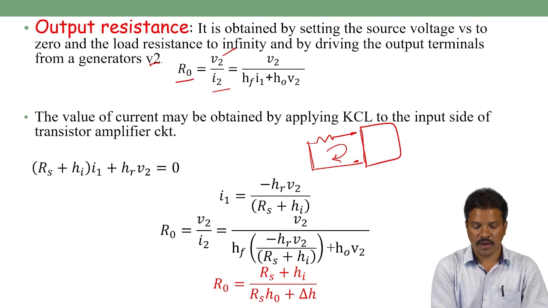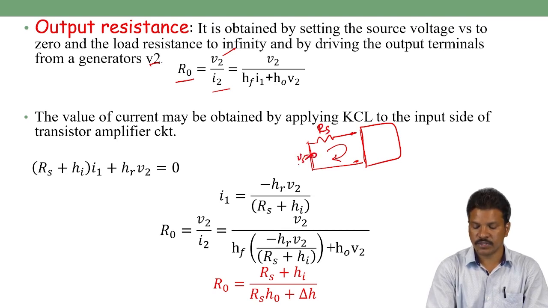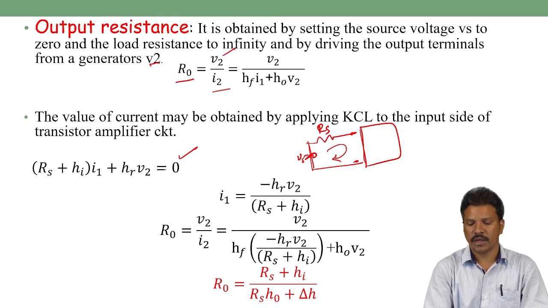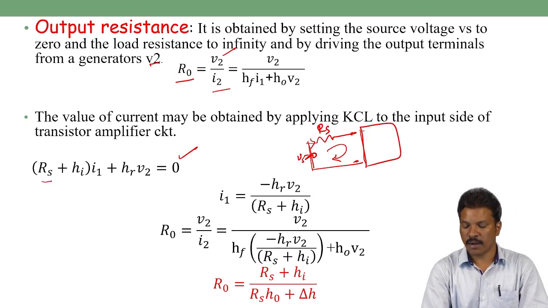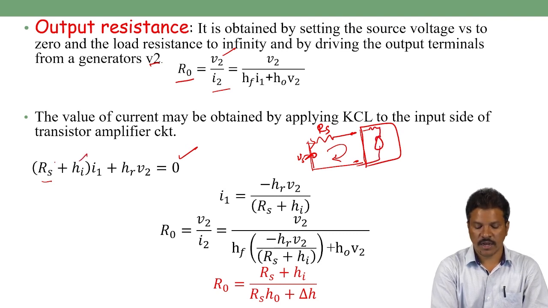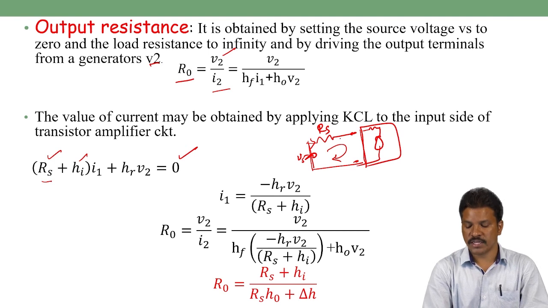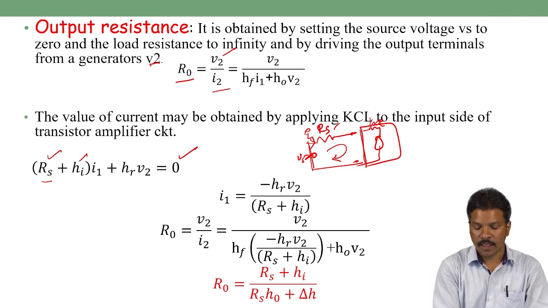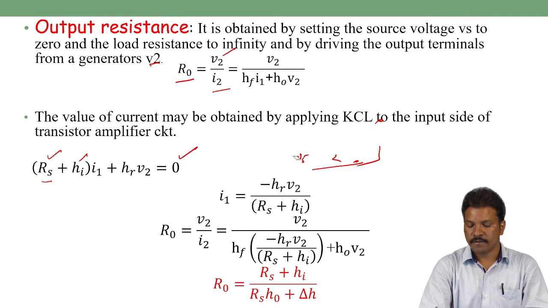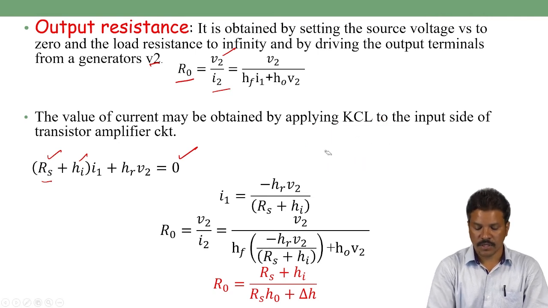Then what is the value? First here it is Rs. Here Vs is equal to 0. And the current flows through Rs and the internal parameter hi and the voltage source. So hi and Rs are in series, so the same current I1 passes through the source resistance and hi, the h parameter model resistance.